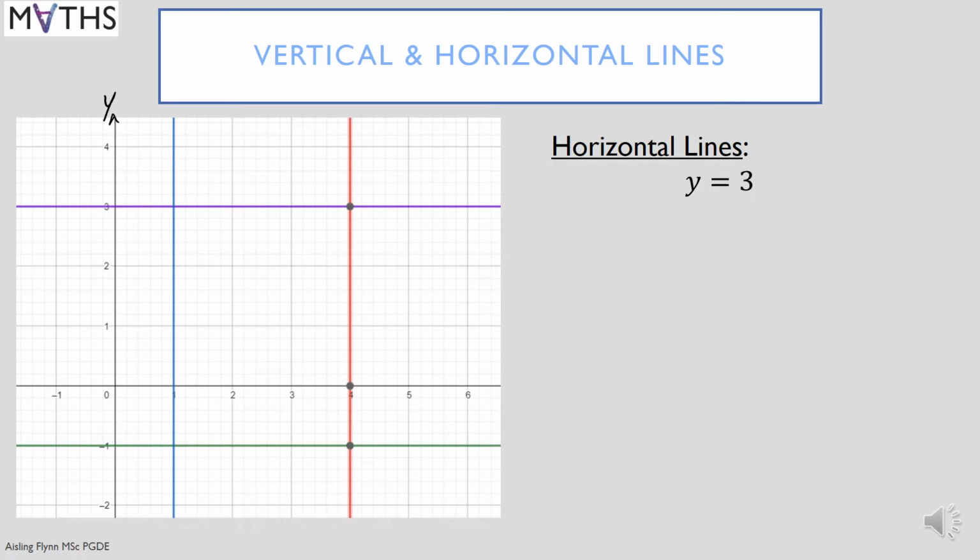There's 3 on the y-axis here. And so what we're doing is describing this purple horizontal line for which every point along the line has a y value equal to 3. So y equals 3.